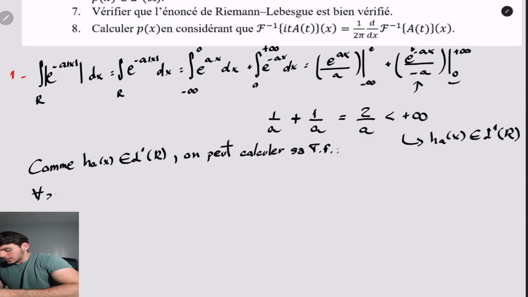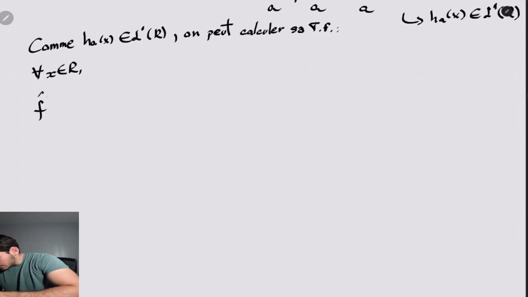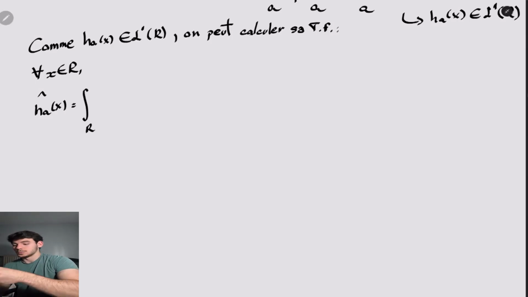So for any value of x, now we can write down that our function transformed, so h_a hat of x. Here we're going to write our function in t because we want our Fourier transform to be in x. So the domain of our original function must be in t. We have the freedom to choose that.